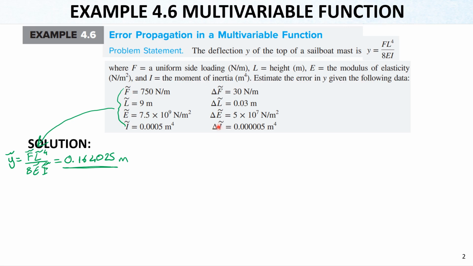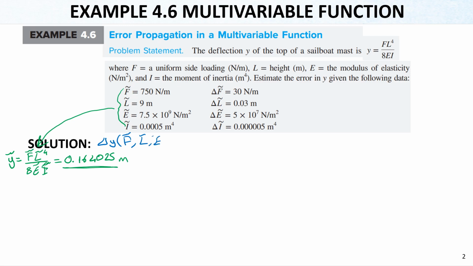Well, you may think that maybe you can just write these over here and find an error value, but it doesn't work like that. We actually use the Taylor series, and let's use the Taylor series prediction. If you remember from the previous slide, the error propagation of the function output, which is y here, and we call it delta y, is in terms of the inputs.